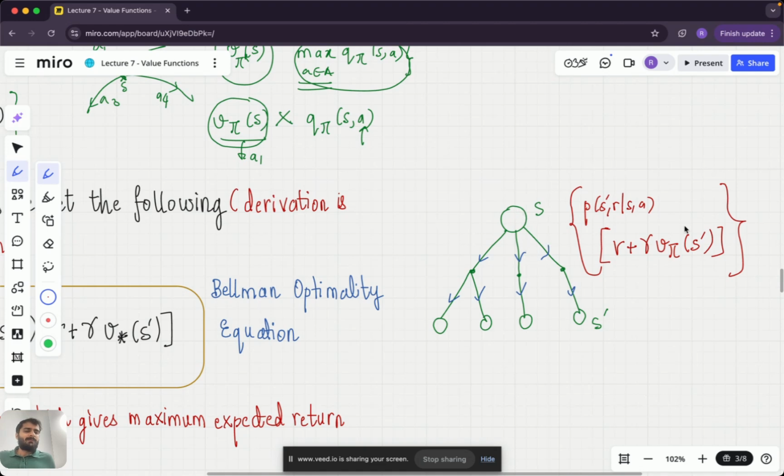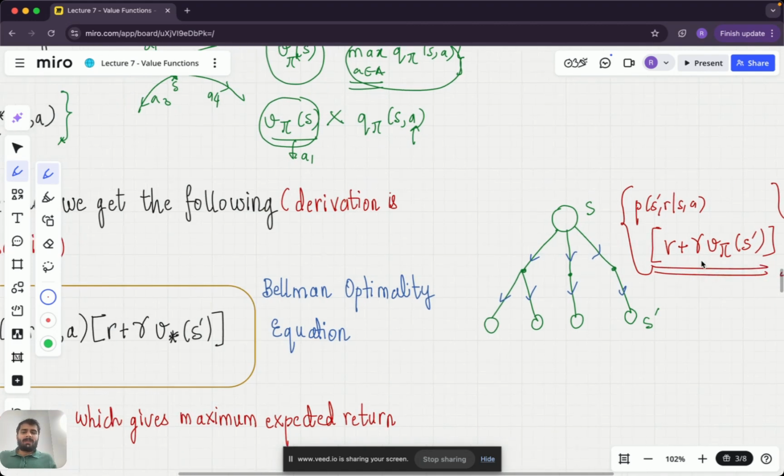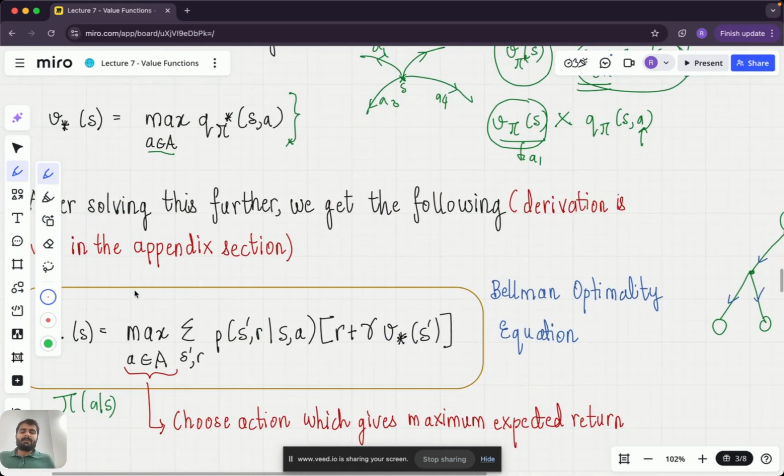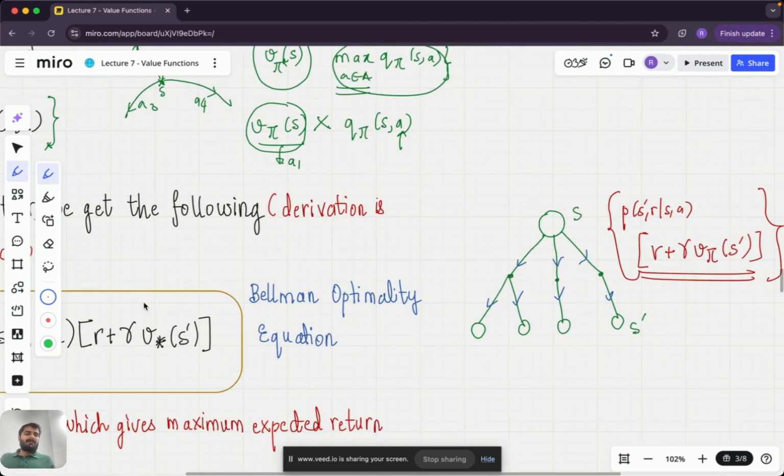And we are going to find out that action by understanding out of all these actions which action is giving us the maximum for this expression. So that is what is given over here. We are finding an action which gives us the maximum value for this state.